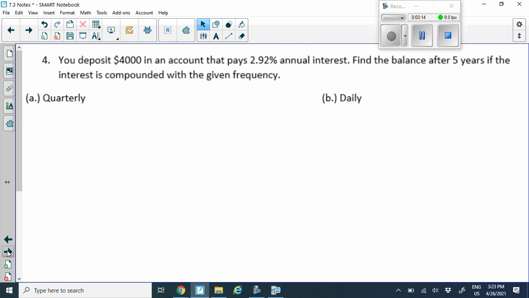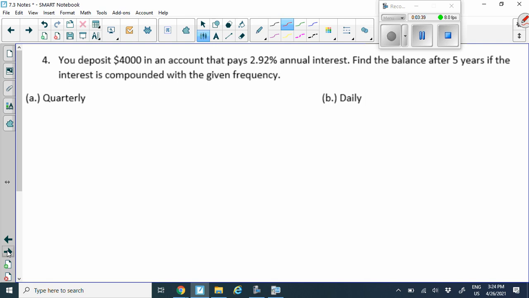So the percentage does divvy up by how many times you compound per year, and that's why we want to make sure that we have that annual interest. Okay, so that's just some extra stuff. You don't really have to know that to do all this. I just want to give you a little bit more information about that. And of course, you can look this up to get even more information about compound interest and how it works.